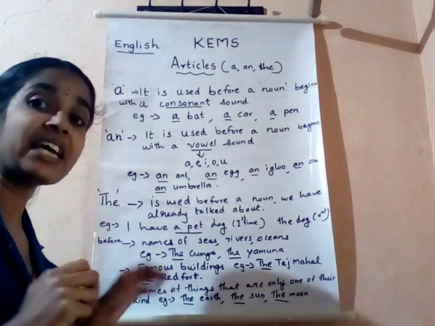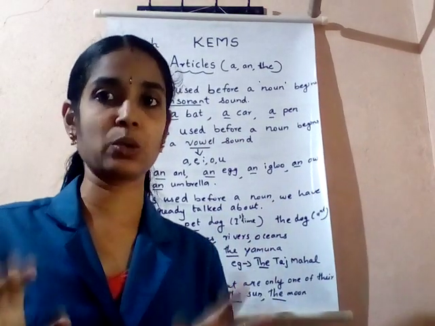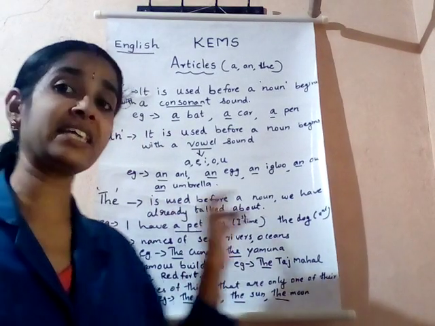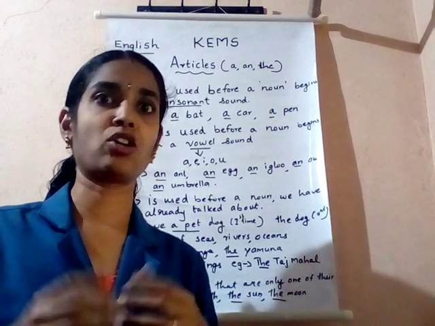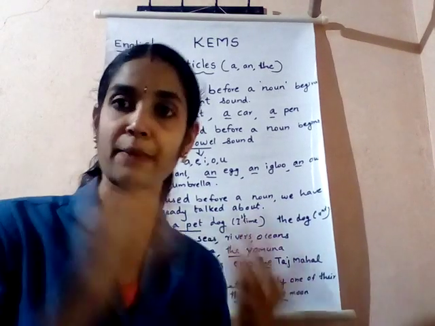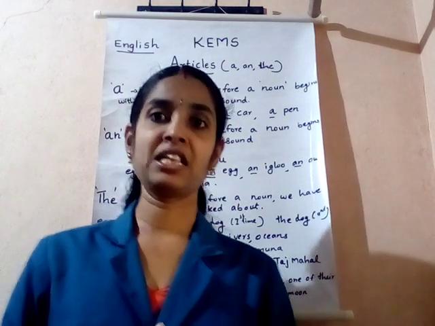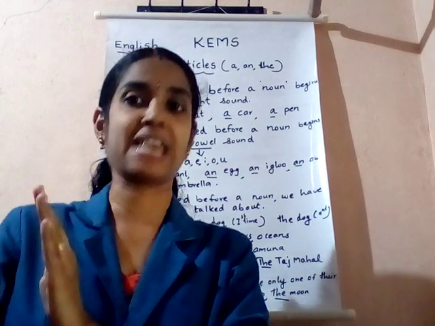All articles are used before the noun, and here "the" is used when we have already talked about a thing, a person, or an animal. We have to use "the" the second time.